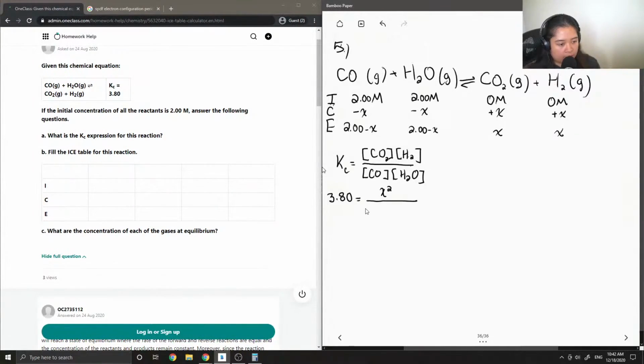And for the denominator, it's going to be 2 minus x times 2 minus x. Okay, so now we get this quadratic kind of expression. Let's try to simplify it and solve for x.